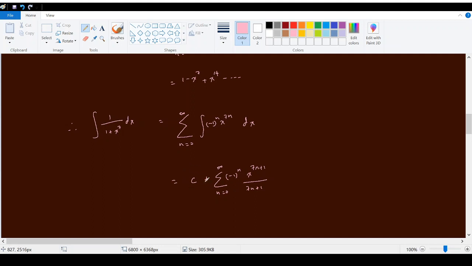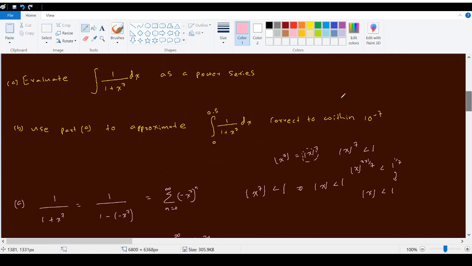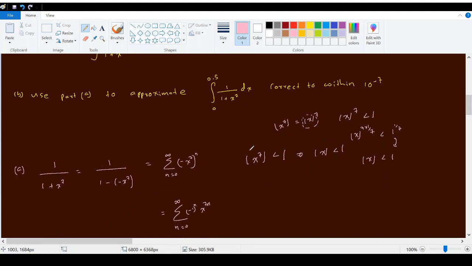find out the value of this arbitrary constant, because in part B of this question we are required to calculate the definite integral. So when calculating the definite integrals, the arbitrary constant will vanish because we are doing a subtraction.